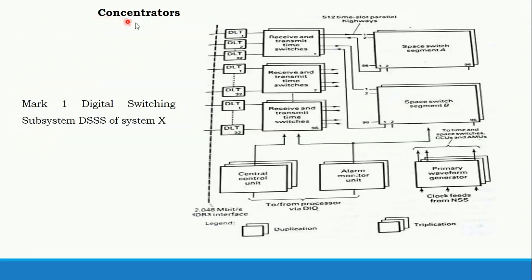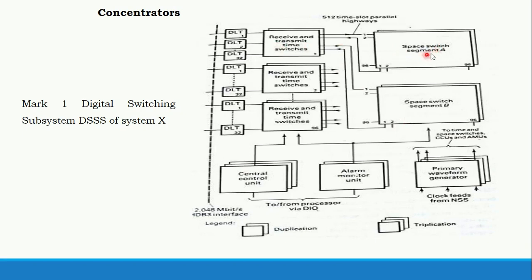Then we have the next topic called concentrator. Earlier we would have a minimum size exchange which you need to extend with a different time switch and space switch. That type of component is actually called a concentrator. One example is written here: Mark 1 digital switching subsystem, DSSS, that means the digital subscriber switching subsystem of System X exchange. It is nothing but your TST switch or STS switch. You can take any example. So here an STS switch is written.